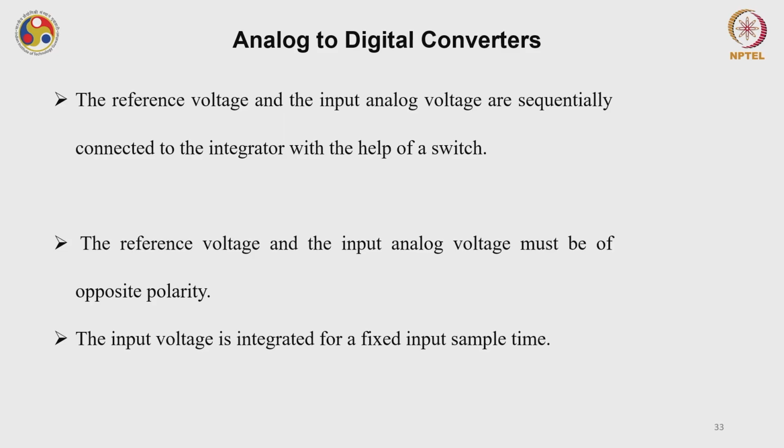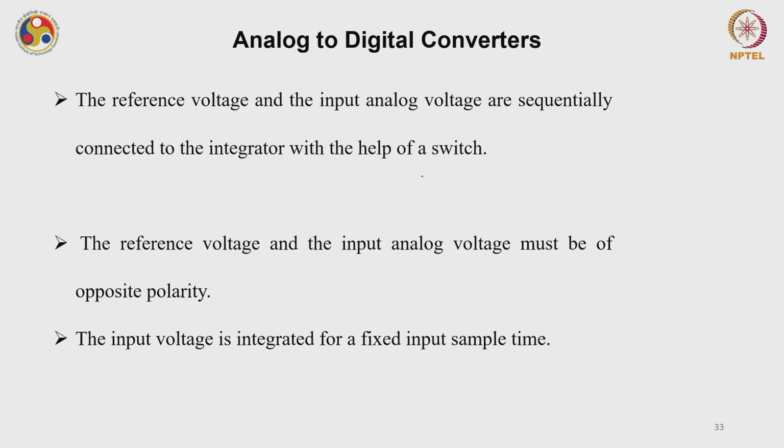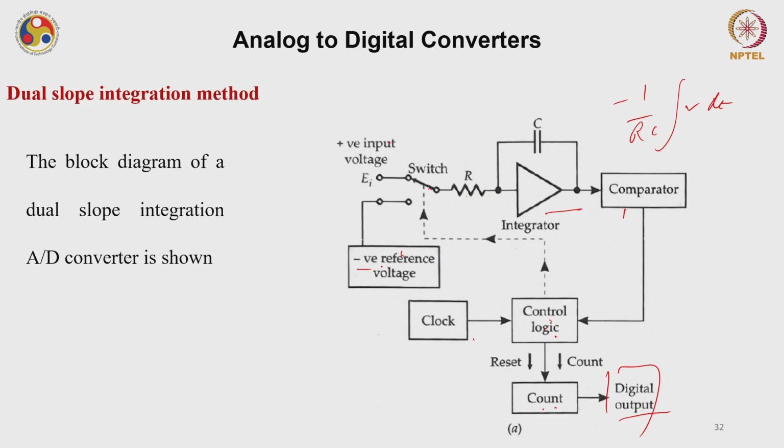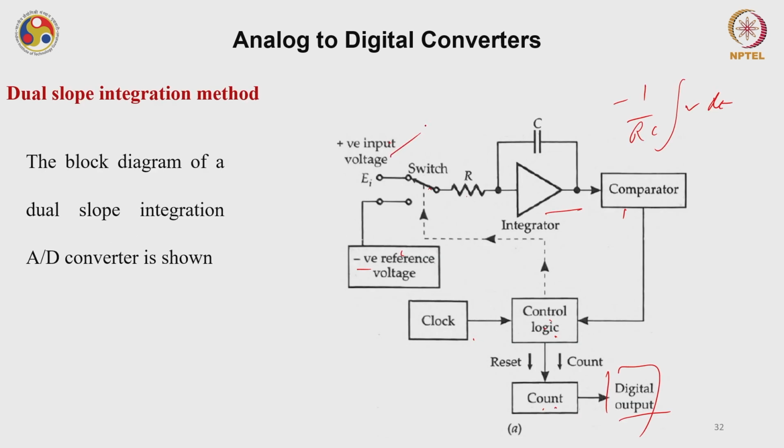The reference voltage and input analog voltage are sequentially connected to the integrator with the help of this switch. The reference voltage, which is of course at negative potential, and the input analog voltage must be of opposite polarity.